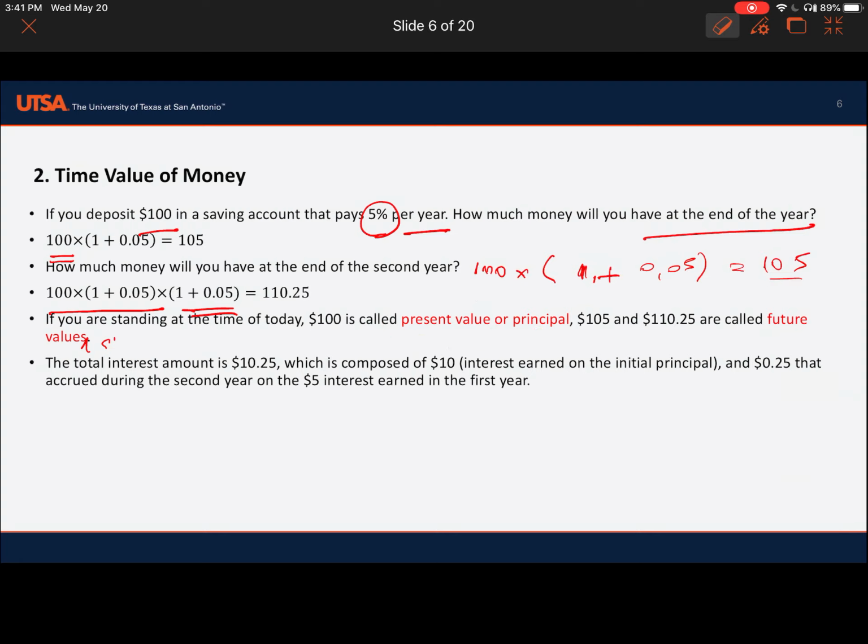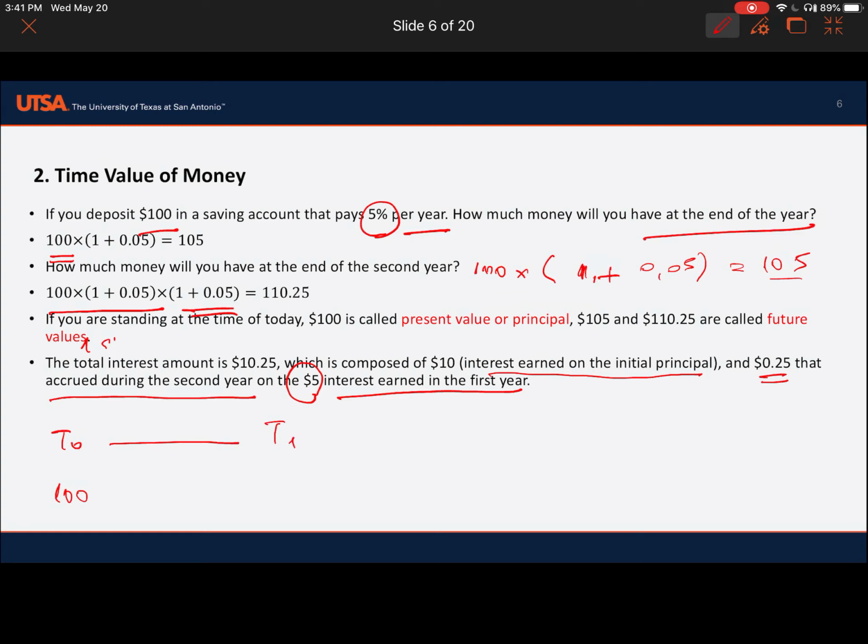The total interest amount is $10.25, which is composed of $10 interest earned on the initial principal, and 25 cents that accrued during the second year on the $5 interest earned in the first year. What does it mean? You're earning interest on interest, because at time 0 you have only 100.